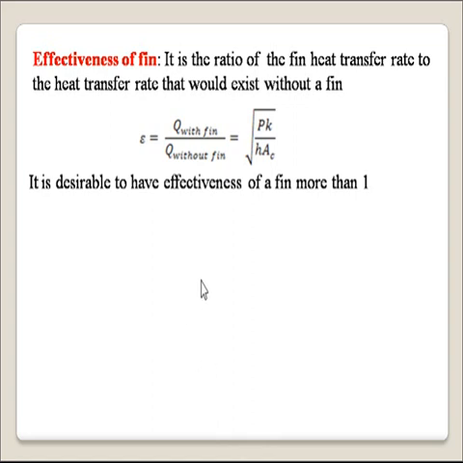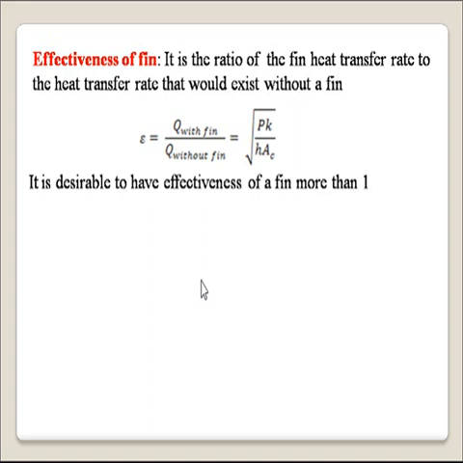So in this presentation we have discussed the types of fins, application of fins, then we have studied the general second order differential equation for a rectangular fin and its general solution.